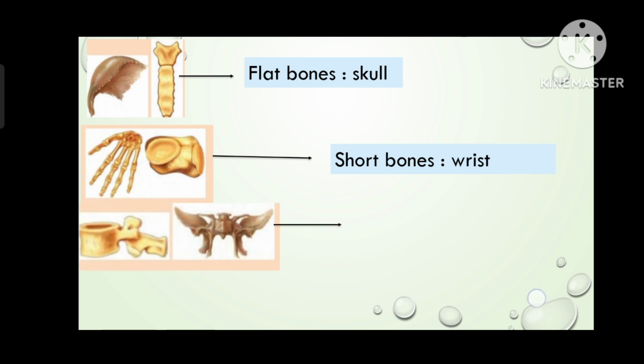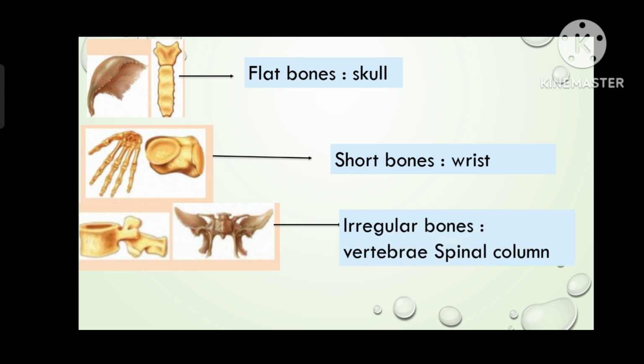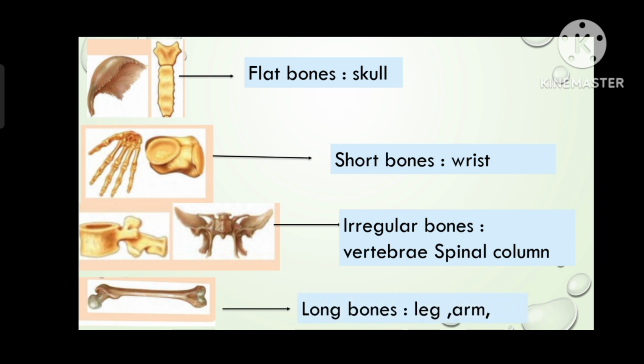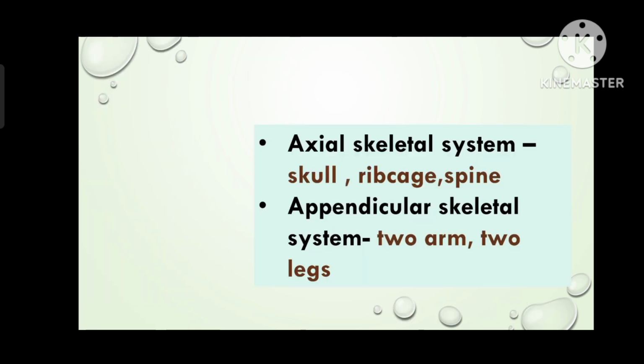Some bones are irregular bones. Irregular bones are found in the vertebrae of the spinal column. Long bones: leg and arm bones are long bones.